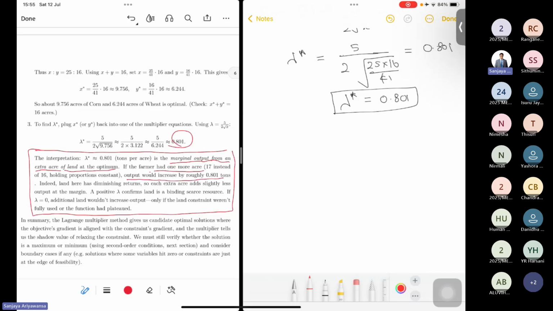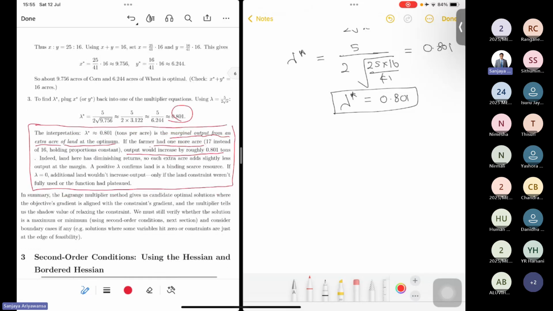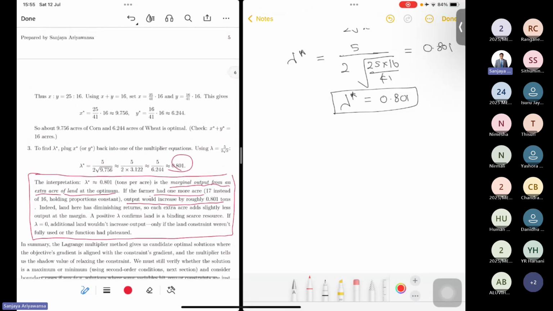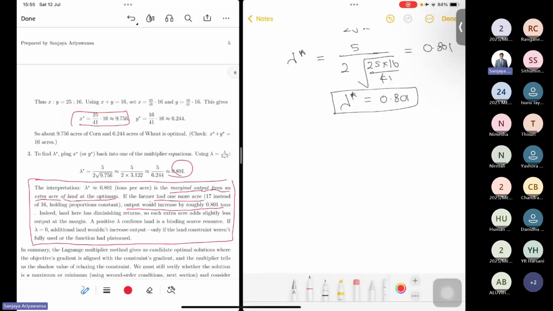Lambda star is where if the farmer had one more acre, 17 instead of 16 acres, his production would increase by about 0.801 tons. That's what lambda means.